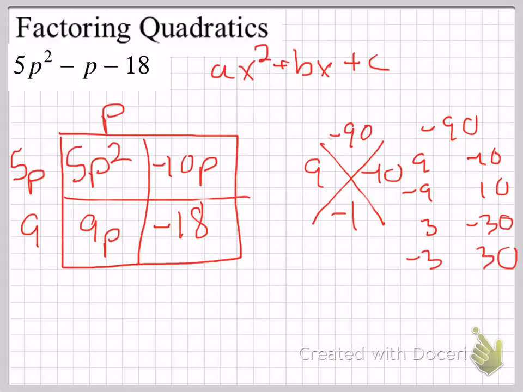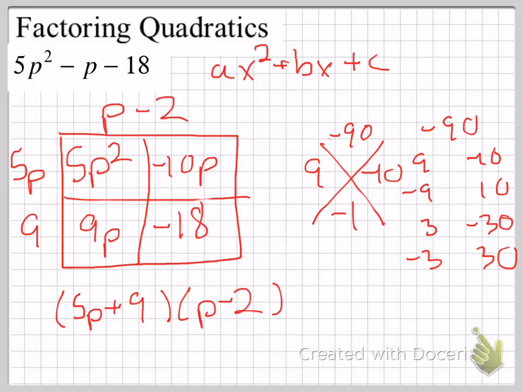And negative 10p and minus 18 share a greatest common factor of minus 2. In order to write our answer, we need to fill in the parentheses. 5p plus 9 and p minus 2.